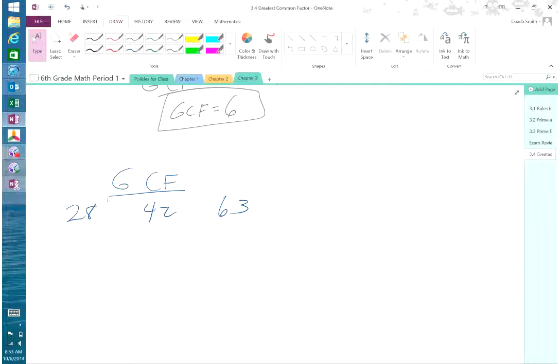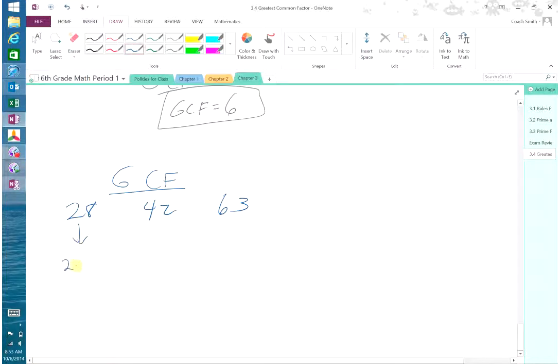But eventually, you'll know that this one is 2 times 2 times 7, this one is 2 times 3 times 7, and this one is 3 times 3 times 7. Those are the prime factorizations of those three numbers.